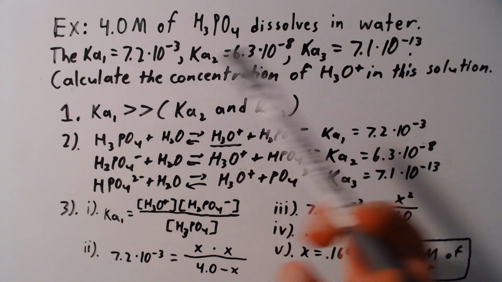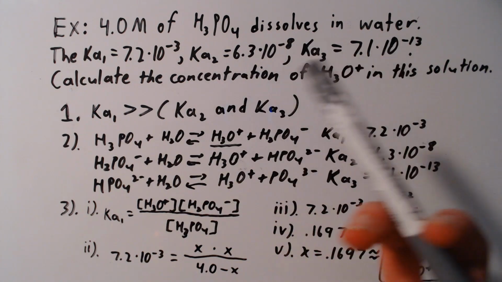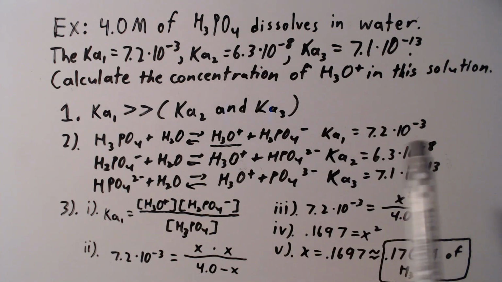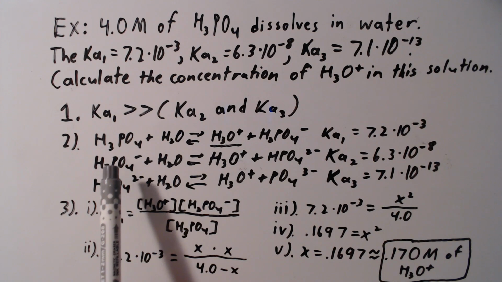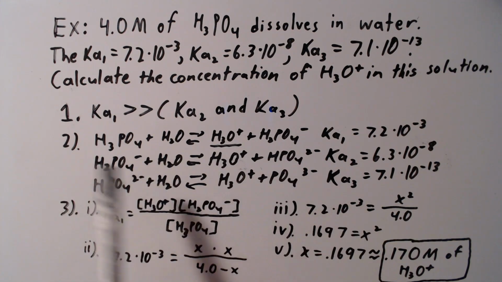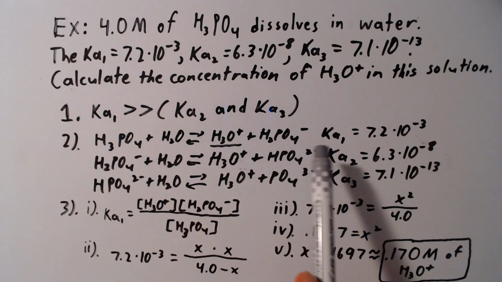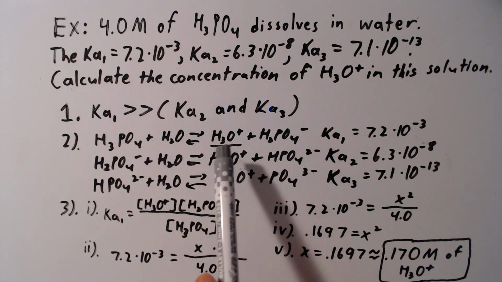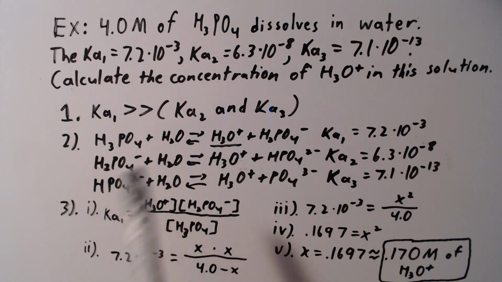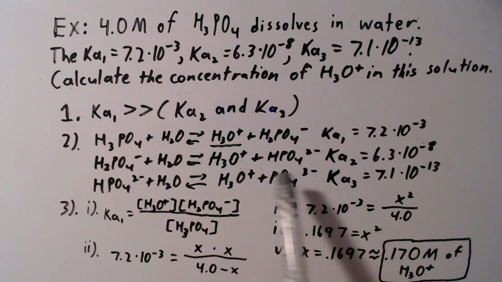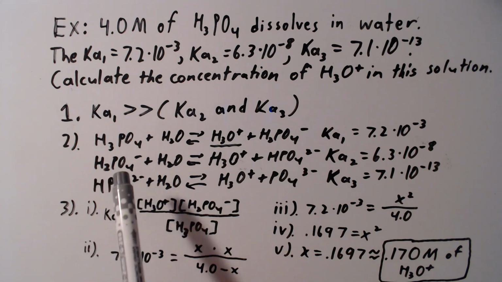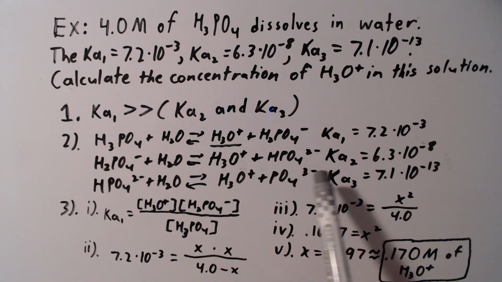Well, first, again, like with any of these problems, we have to understand what is happening when H3PO4 dissolves in water. Now we know from the previous part that there are three reactions that actually happen. Each time the H3PO4 loses an H to the water and makes H3O plus, and then it makes H2PO4 minus, which then again loses an H, making another H3O plus, and that yields HPO4 2 minus.